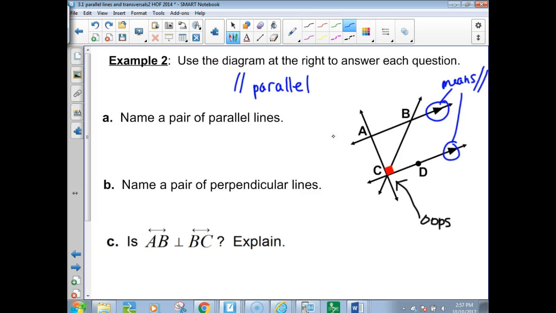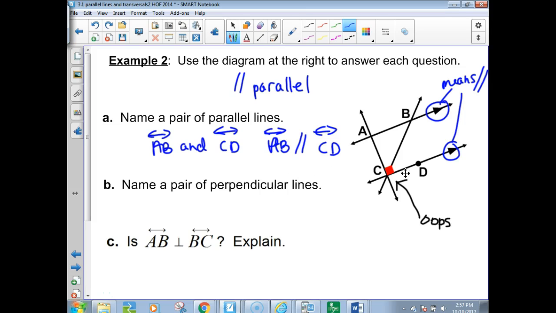So if we name a pair of parallel lines, it's going to be line AB and line CD, which could be written line AB is parallel, with the symbol, to line CD, either way. If it said in symbols, name parallel lines, it would be like this.